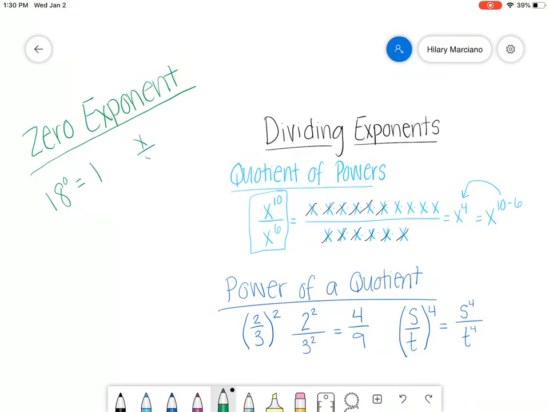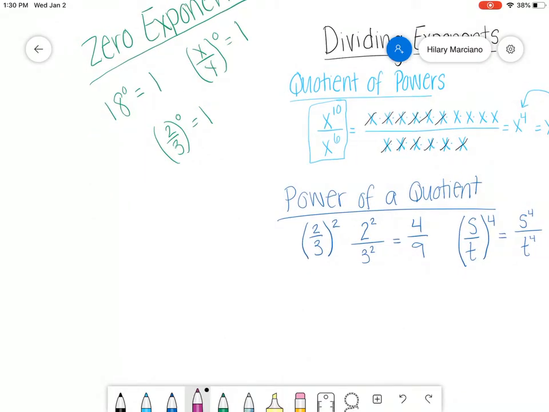If we have x over y, and that's all raised to the 0 power, our answer is still 1. We could have 2/3 raised to the 0 power. Our answer is 1. So anything that's raised to the power of 0 is just 1, any non-zero number, or variables in the case of x and y.